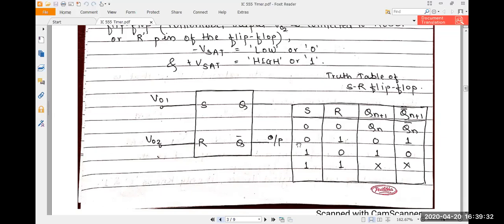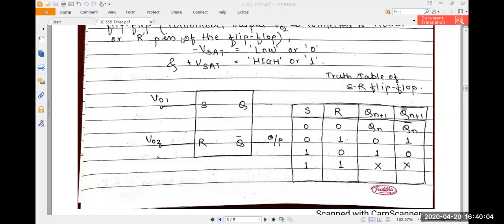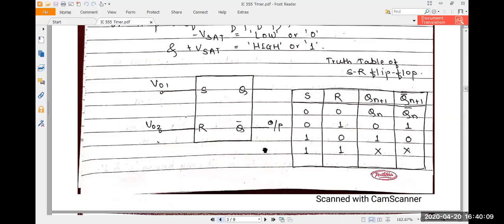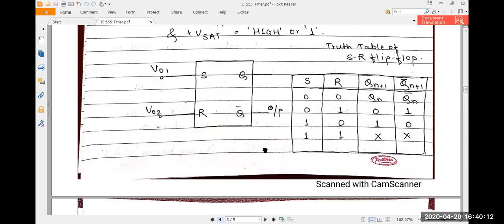So we are only concerned with the inputs S and R, where S is 0, R is 1, or when S is 1, R is 0. We are not interested in 0, 0 and 1, 1, because these are not required as far as our circuit is concerned.